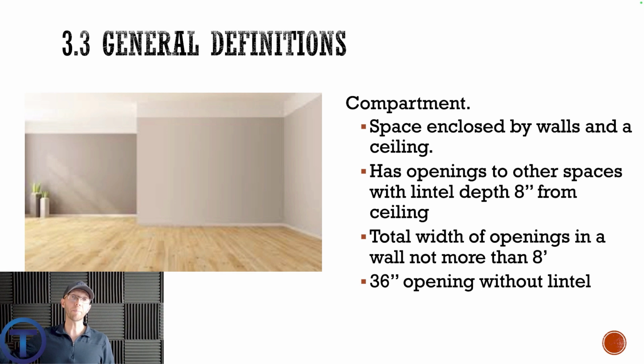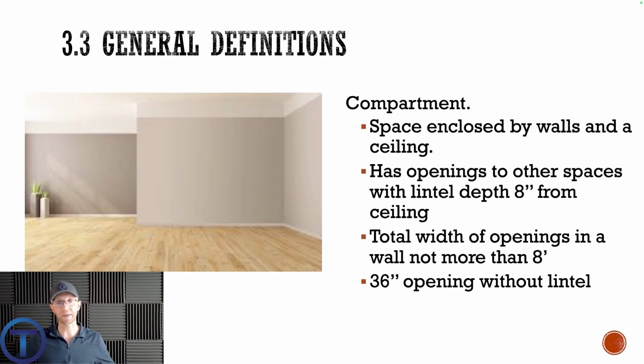So you can have openings to other rooms with a lintel that comes down 8 inches from the ceiling. That's going to fall into this definition of a compartment, when you've got that lintel that comes down that separates you. The total width in an opening from this room or compartment to another one should not be more than 8 feet, or then it becomes one larger compartment.